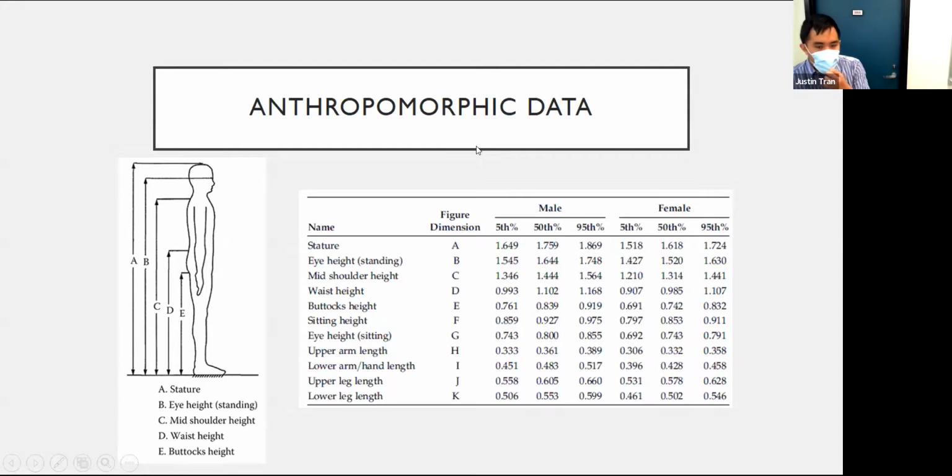Again, this data can be useful. If you're curious about where you fit among the general population in terms of your height, shoulder height, waist height, stuff like that, you can look at this table right here. Of course, the easier way would be to find a table like this online. The only reason I have this here is to let you know that this data exists.